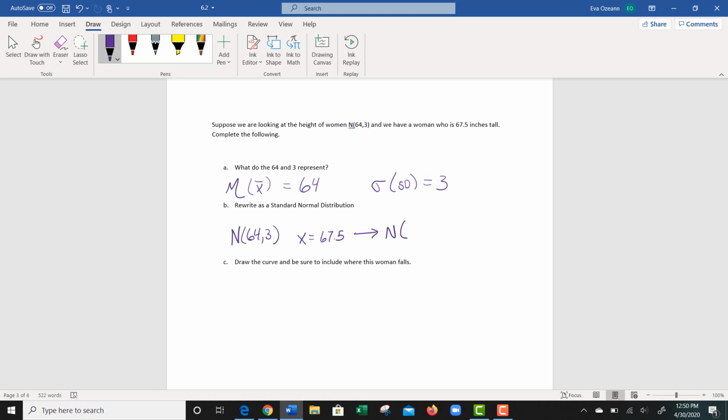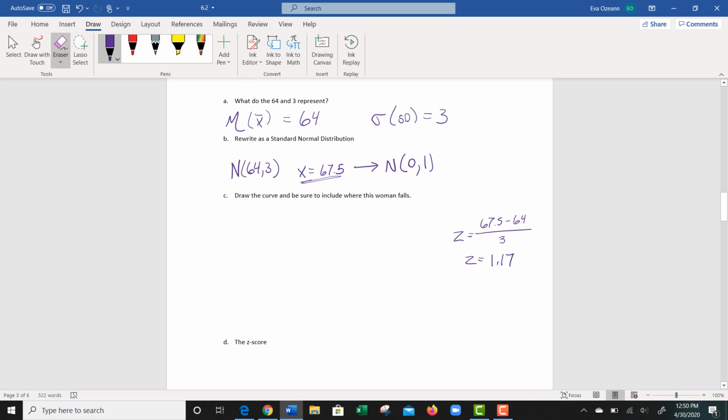Remember, the mean is always going to have a z-score of 0 because it's 0 away from itself. The standard deviation is always going to have a z-score of 1. And when we find the z-score of our observation, remember, it's your observation minus the mean divided by the standard deviation. So z is going to be 1.17, I'm going to round mine up to 7.